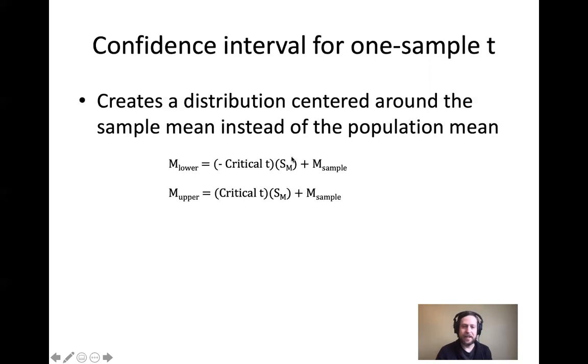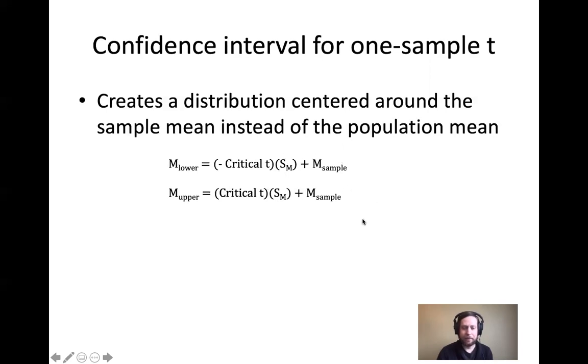For z, it is sigma divided by the square root of n, because we use the population standard deviation. So this is estimated standard error, S sub m, instead of sigma sub m.